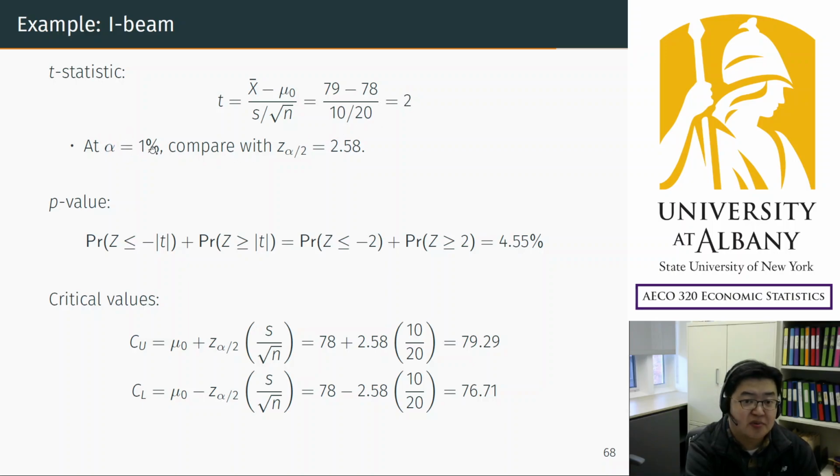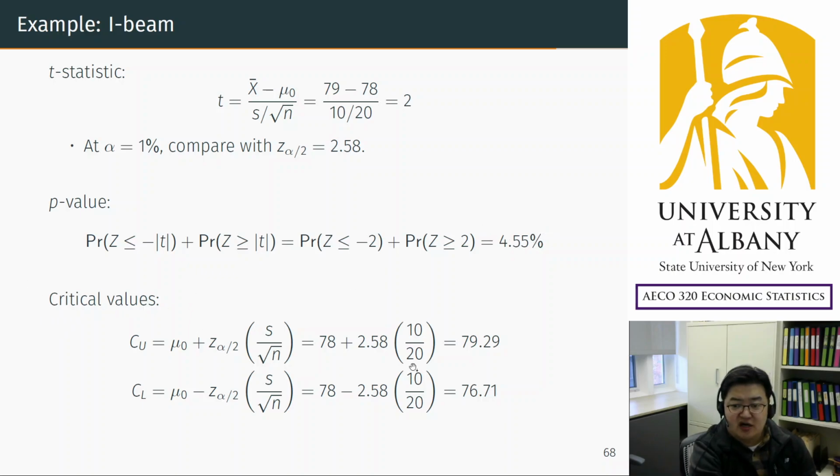Because we choose 1%, the cutoff is plus minus 2.58, so 2 is included inside, close to 0. So we cannot reject the null hypothesis. If you calculate the p-value, the probability outside on both tails is 4.55%, which is greater than alpha.